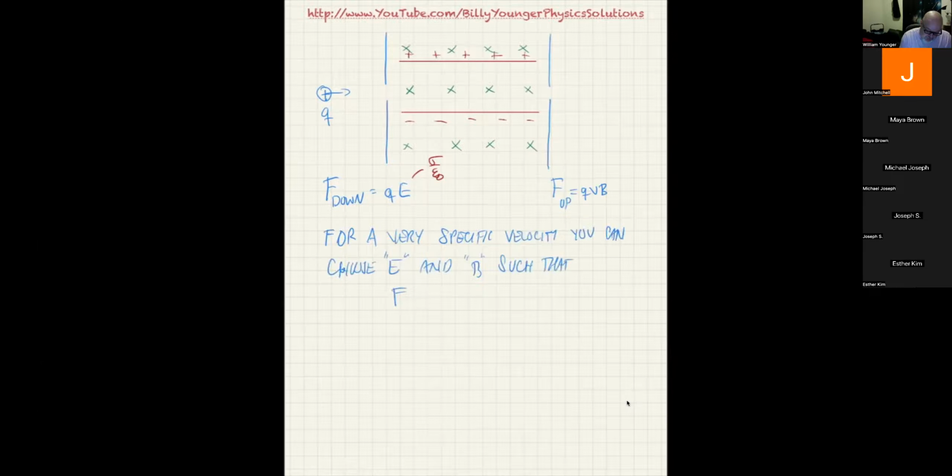F up is equal to F down. So in fact, since it's coming the right direction to begin with, it'll actually make it through both slits.